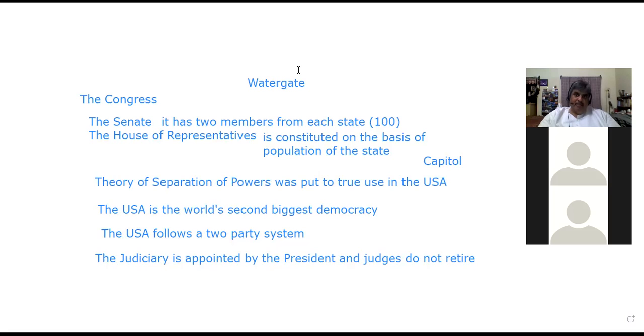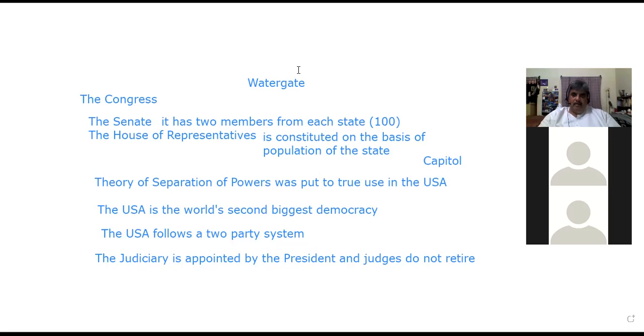The same scenario was played out in 2016. Hillary Clinton is supposed to have polled nearly 2 million votes, more than Donald Trump, as far as the popular vote is concerned.